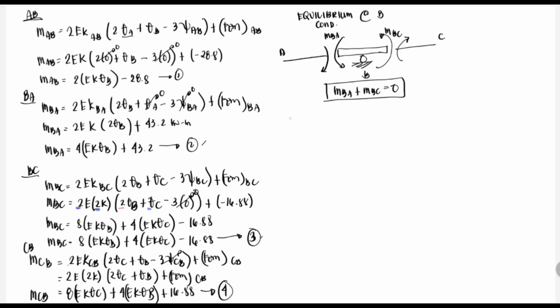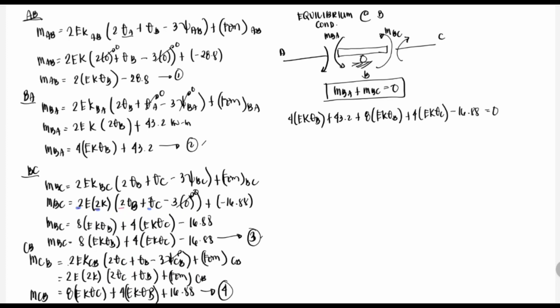So, kukunin lang natin 4 EK theta B plus 43.2, plus 8 EK theta B, sorry, plus 4 EK theta C minus 16.88 equal to 0.